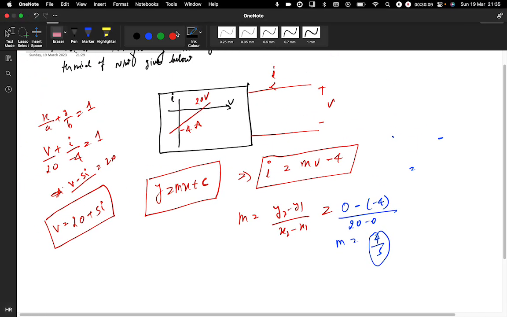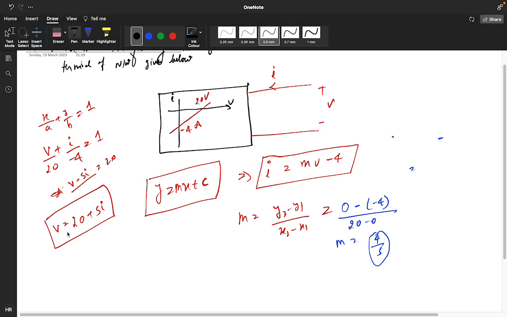So we are getting the value V is equal to 5I plus 20. Okay guys, can anyone tell me what will be the value of V when I is 0? See the equation. When I is 0, what is the value of V? The V value is 20, right?